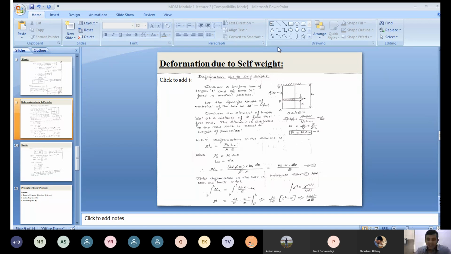In the first and second derivations, the bar was kept in horizontal position. Now if the same bar is kept in vertical position, can you give an example of a bar kept vertically in your home appliances? Have you seen the ceiling fan? Someone has to give the response.